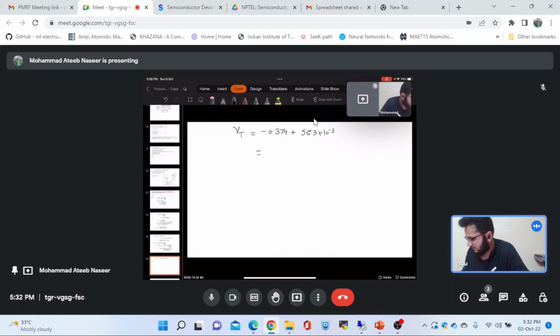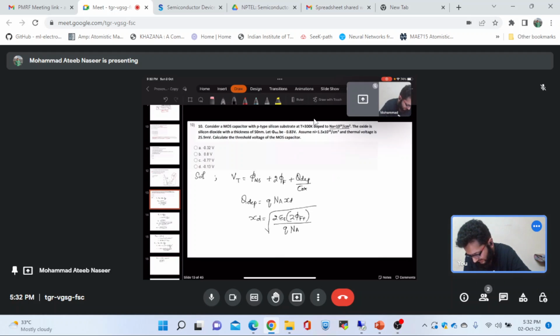So if I add this value, minus 0.374, it will come out to be equal to minus 0.32 volts. So let's check our options. Which option does it match? It is option A that is closest to our calculations. So we will go with option A.